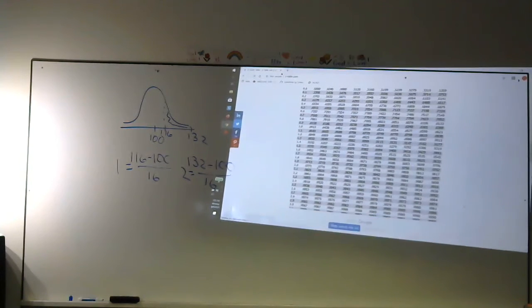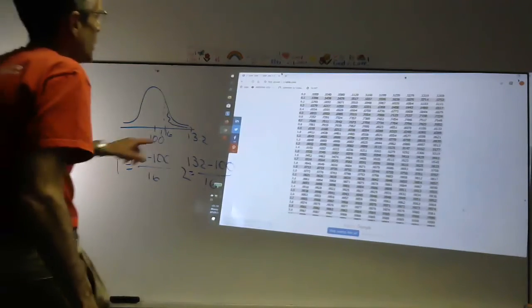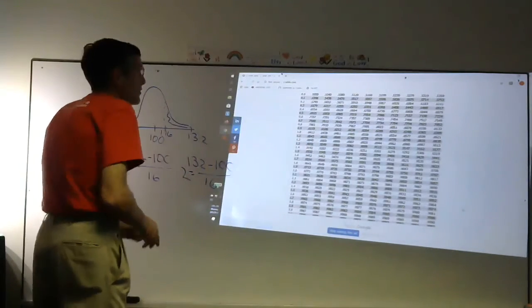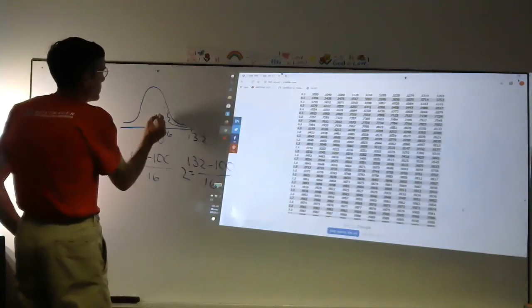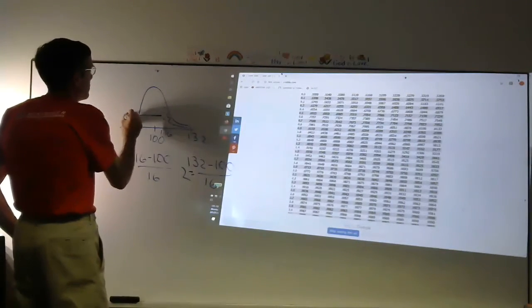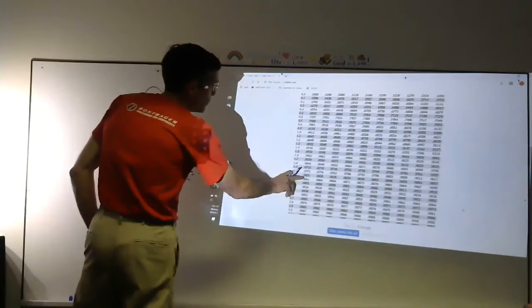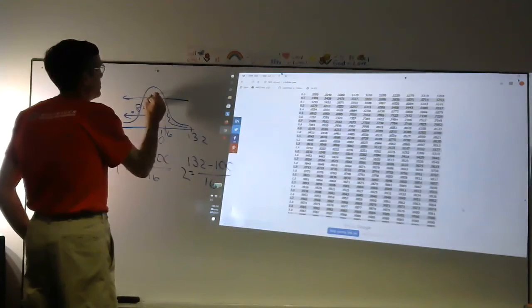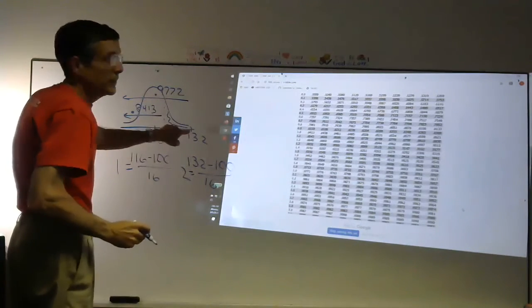Okay, 1 and 2. So here we are at 1.0 right here. 1.0 is an area of 0.8413. So for the 1, which is right here, this is 0.8413 to the left. And then 2 is down here, 0.9772 is the area to the left of that one.